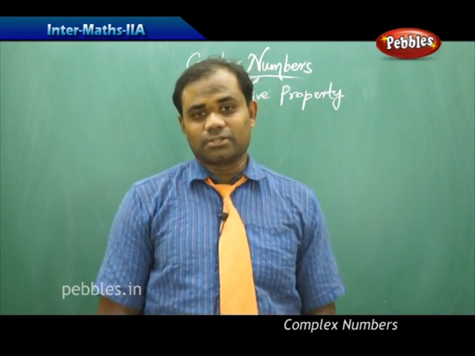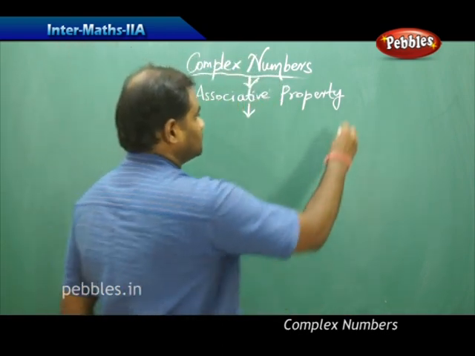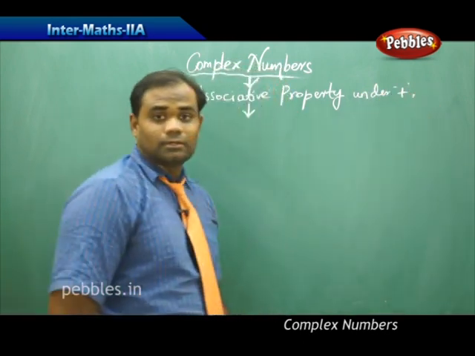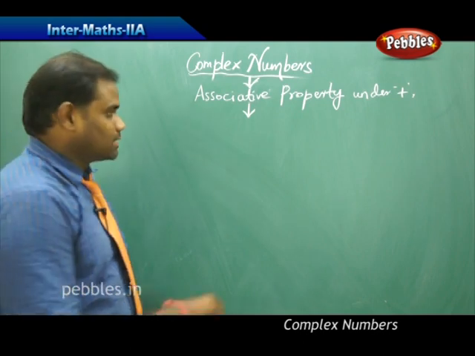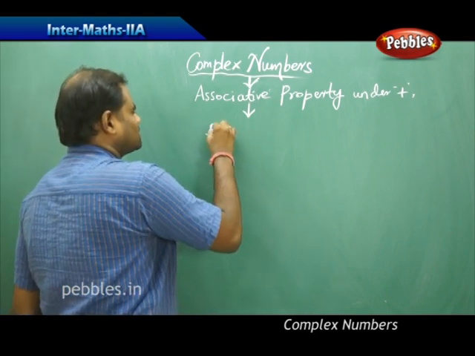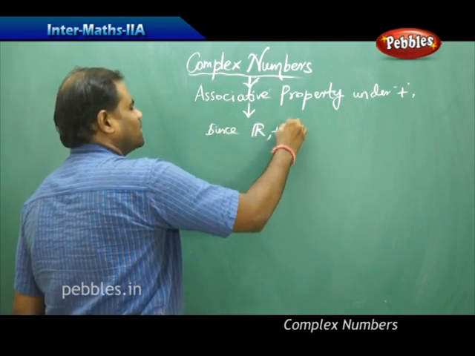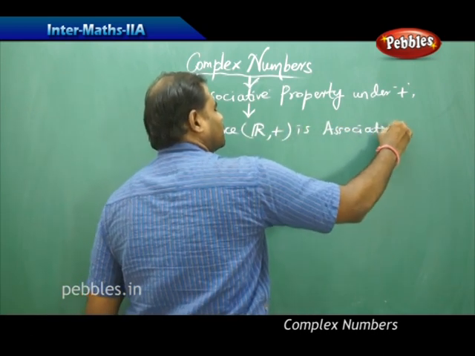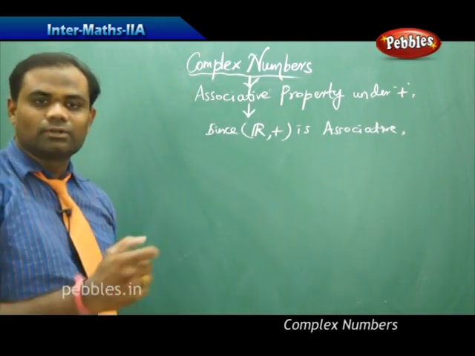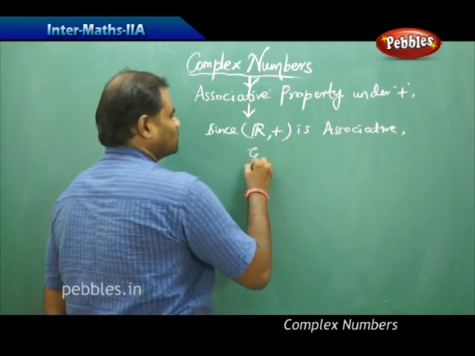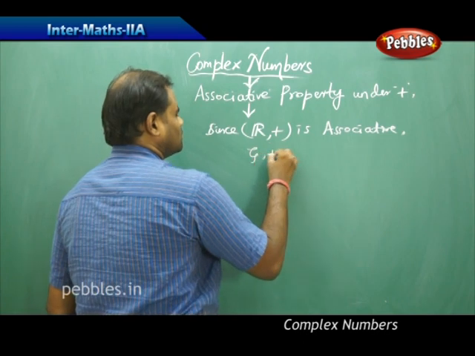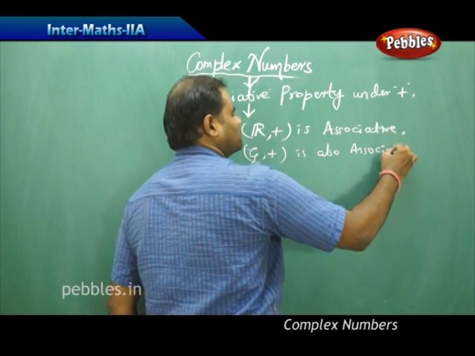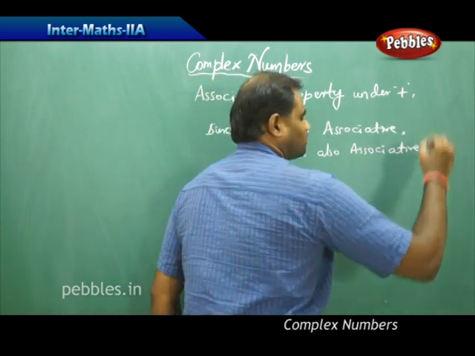Now next is the associative property under addition. In this case we take three complex numbers, but as we know that the set of real numbers under addition is associative, obviously the real numbers included in complex numbers also hold the associative property.